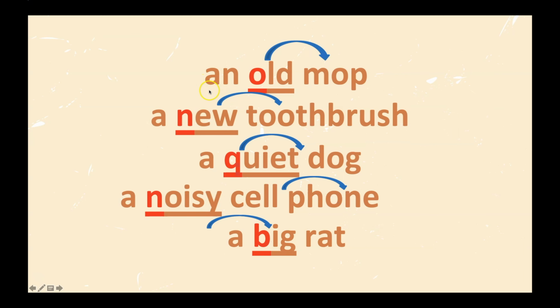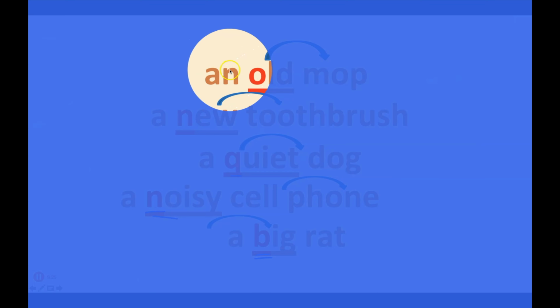Okay, if we have just one of each, we need to add an or a, depending on the letter of the word after. So we have an old mop. Why an?